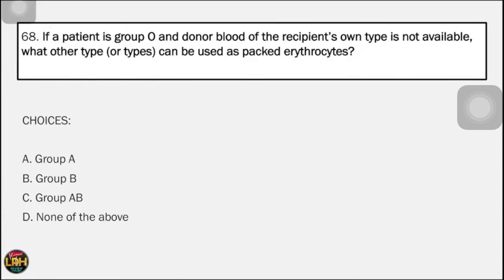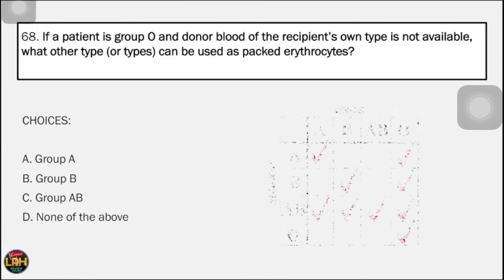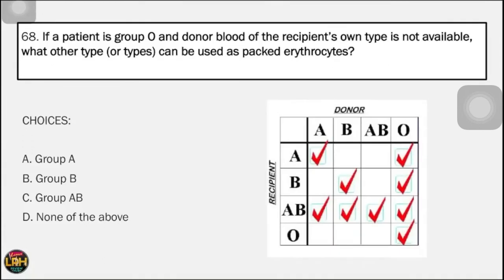The choices are Group A, Group B, Group AB, or none of the above. Rule of thumb: when the patient is Group O, the donor blood type should always be type O. So for number 68, letter D is the option.